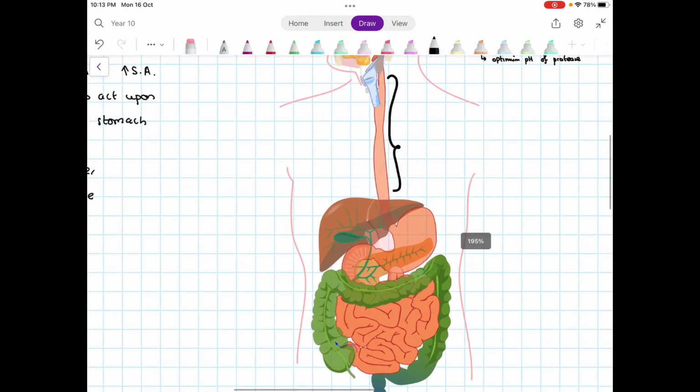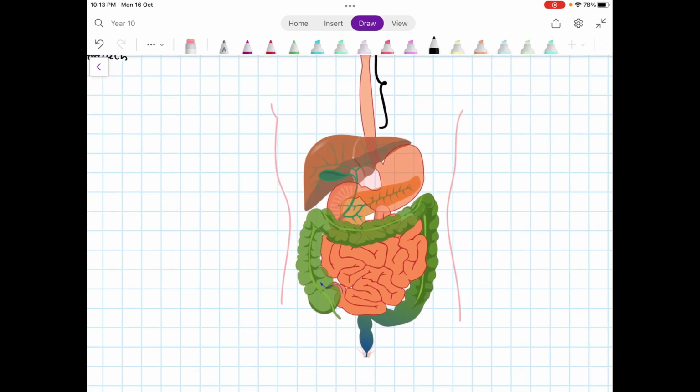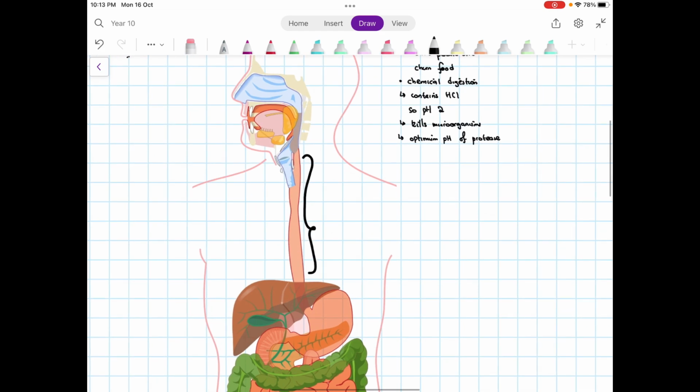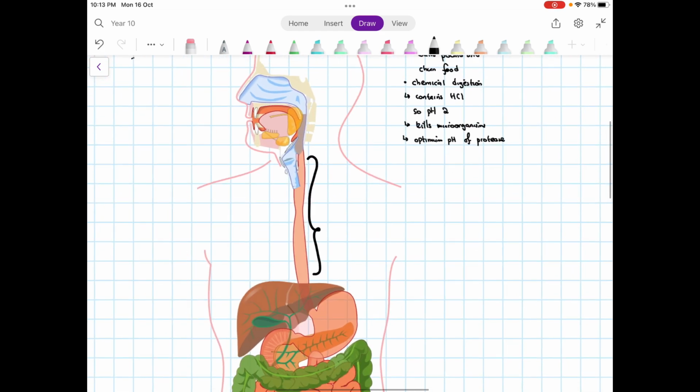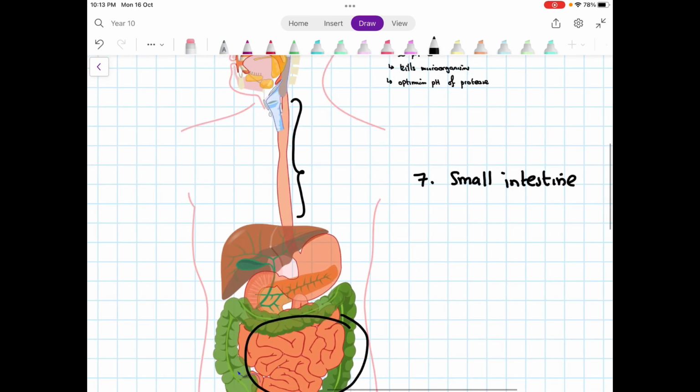Okay, so now going back to the progression of food through the digestive tract. Once it is passed from the stomach, it goes into the small intestine, which is this organ over here.